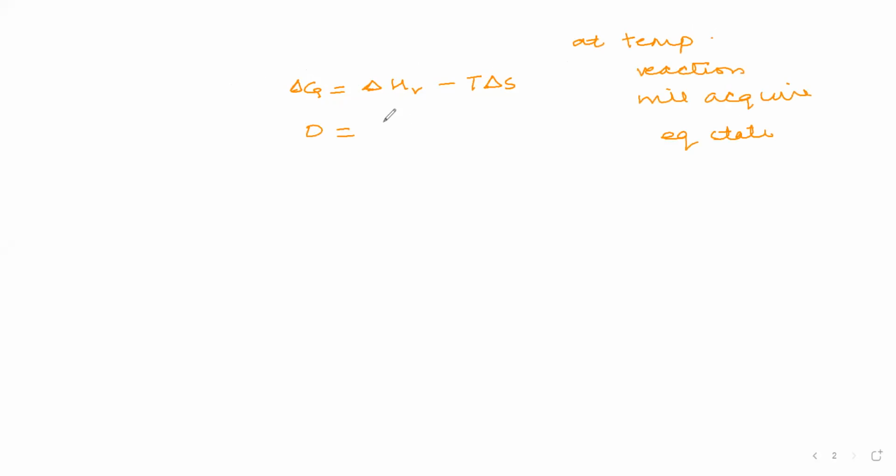So automatically we will have delta H minus T delta S equal to 0. If we need to calculate the value for T, we will rearrange the formula in order to calculate the temperature at which the equilibrium will be acquired.